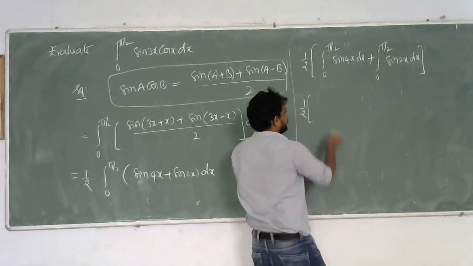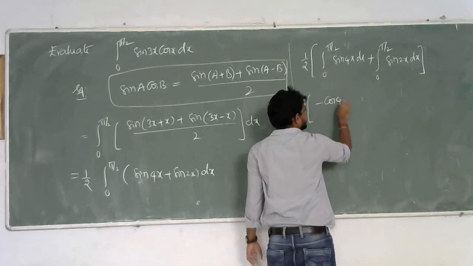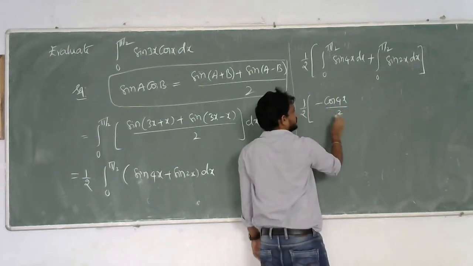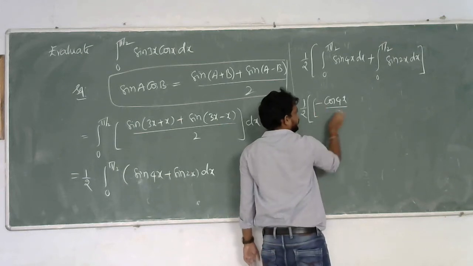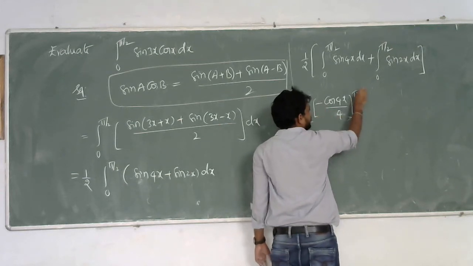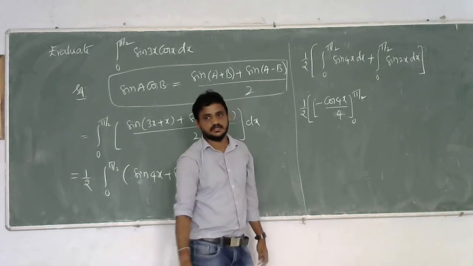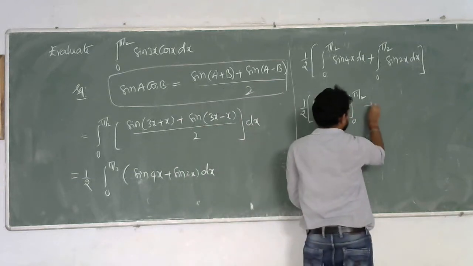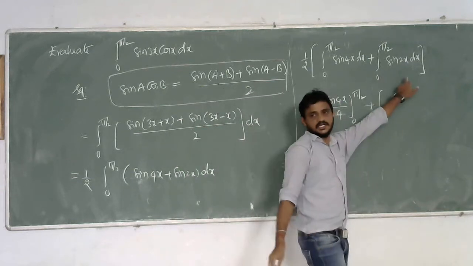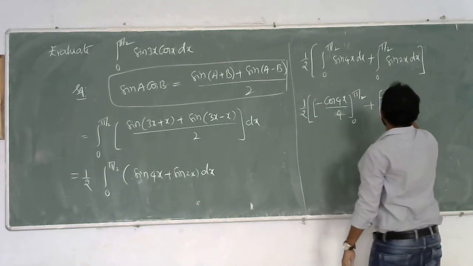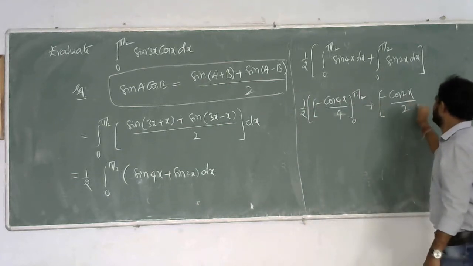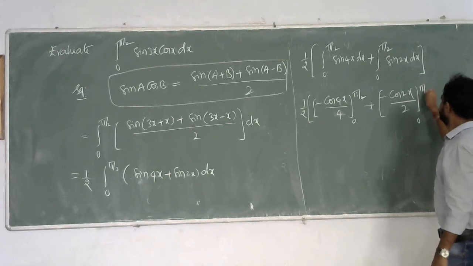Integration of sin 4x is minus cos 4x by 4, limits 0 to pi by 2. Next, integration of sin 2x is minus cos 2x by 2, limits 0 to pi by 2.